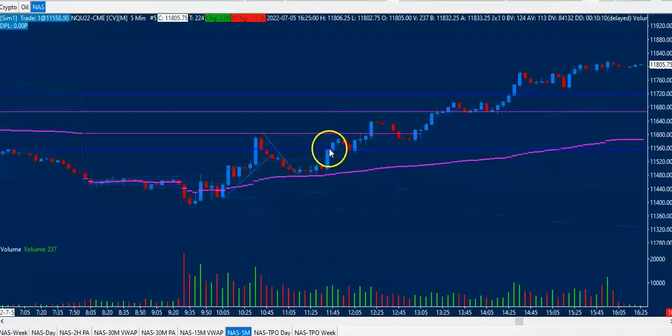And then B, we're going to realize that, hey, this is really showing signs that the market wants to go higher, right? This is classic price action as far as what we want to see. We're seeing support at the +1 standard deviation band.